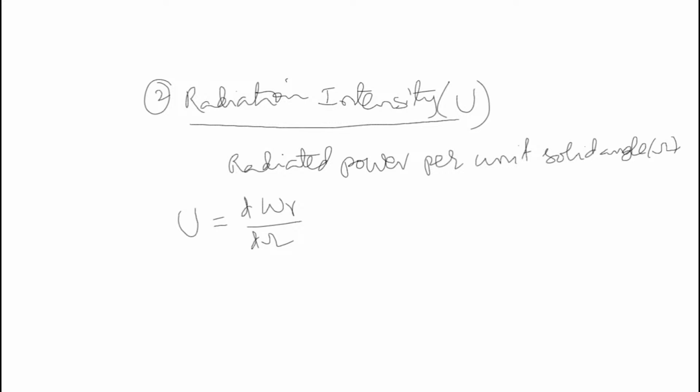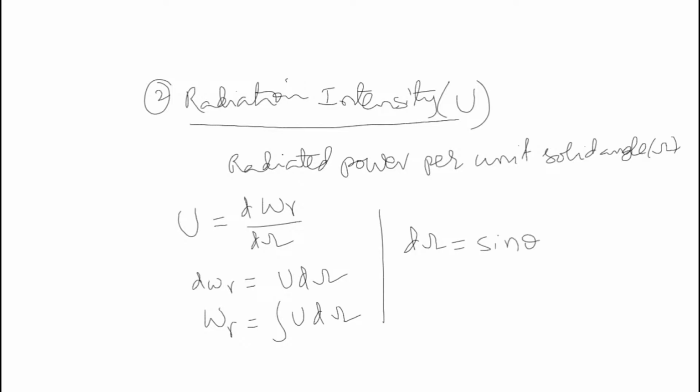So therefore dW_r is equal to U d omega. Apply integration on both sides to get the total radiated power through the solid angle. That is W_r is equal to the integral of U d omega, where d omega is equal to sin theta d theta d phi.